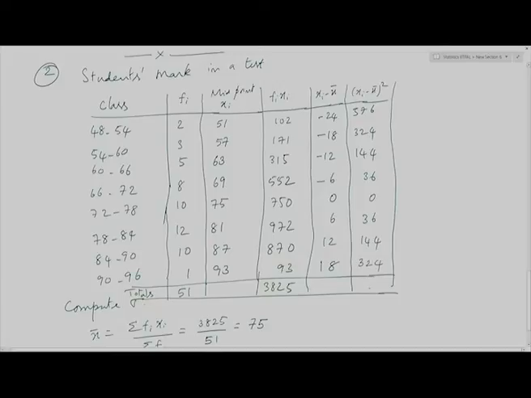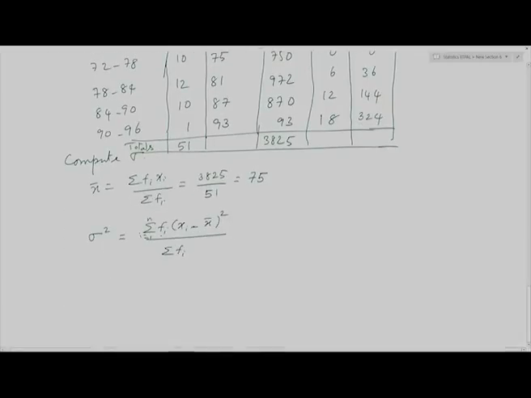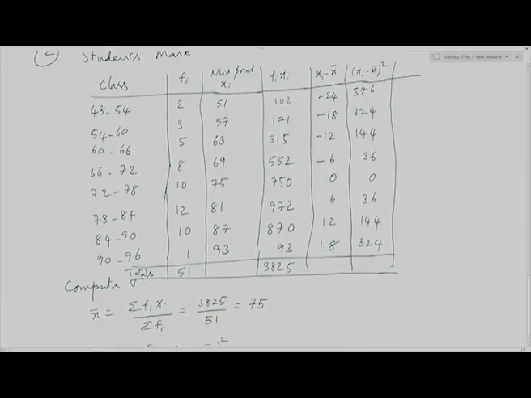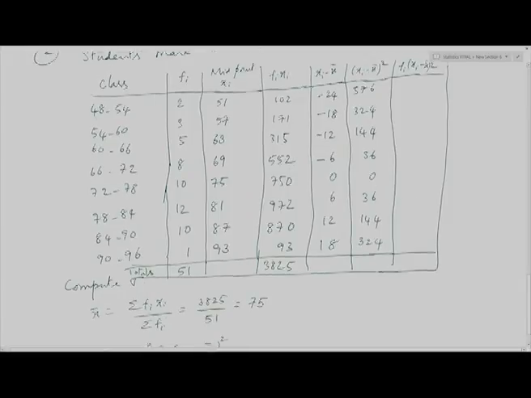And finally I have to multiply that with the fi, so fi into xi minus x bar square. This is the last term that we are going to use in the formula.